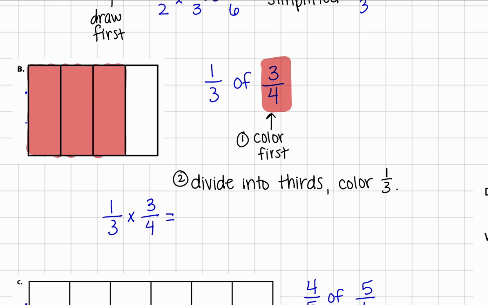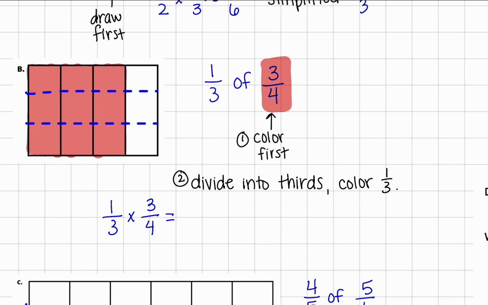Right? And then we divide it into thirds, right? Because we divide into thirds because our denominator of our first fraction is 3. So we're going to divide it into thirds, okay?